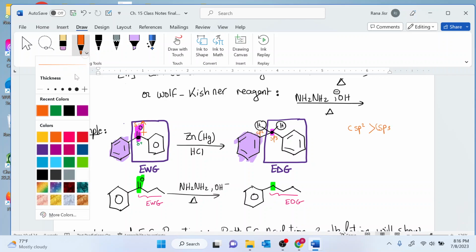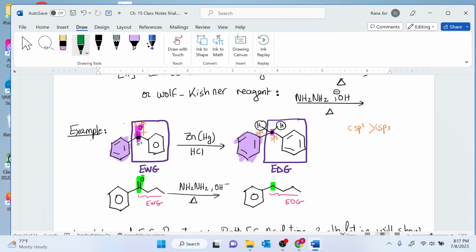So the direction of polarization is going to be from the sp3 to the sp2. The sp2 is more electronegative and pulls electrons towards the benzene. That makes this carbon an electron donating group to the benzene, donating electrons through the sigma bond by inductive effect.